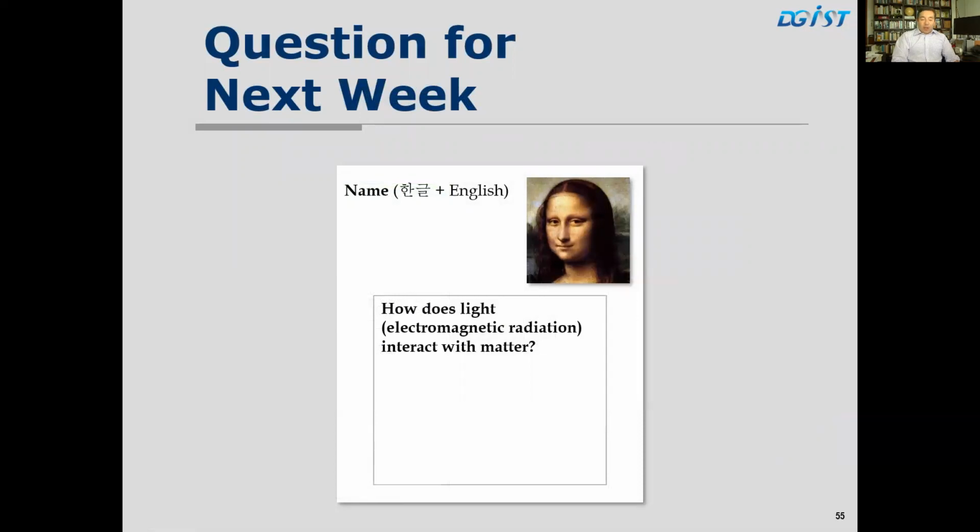So the question for next week, so this is due by 2 p.m. on Friday. You should send me by email one basically paragraph with your name in Hangul and English, your picture, so I'll have some reference point, hopefully when we meet, and answer this question: how does light, in other words, electromagnetic radiation in general, not just visible light, how does electromagnetic radiation interact with matter?